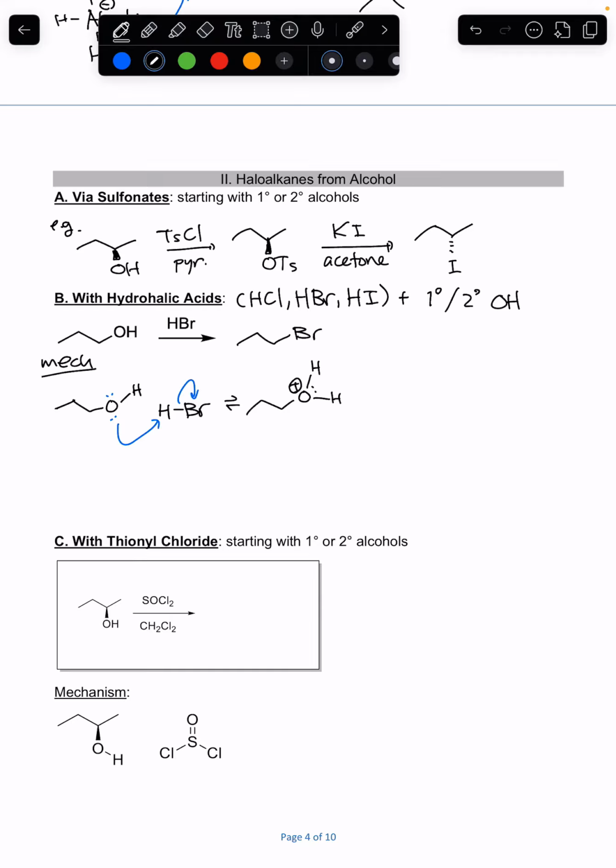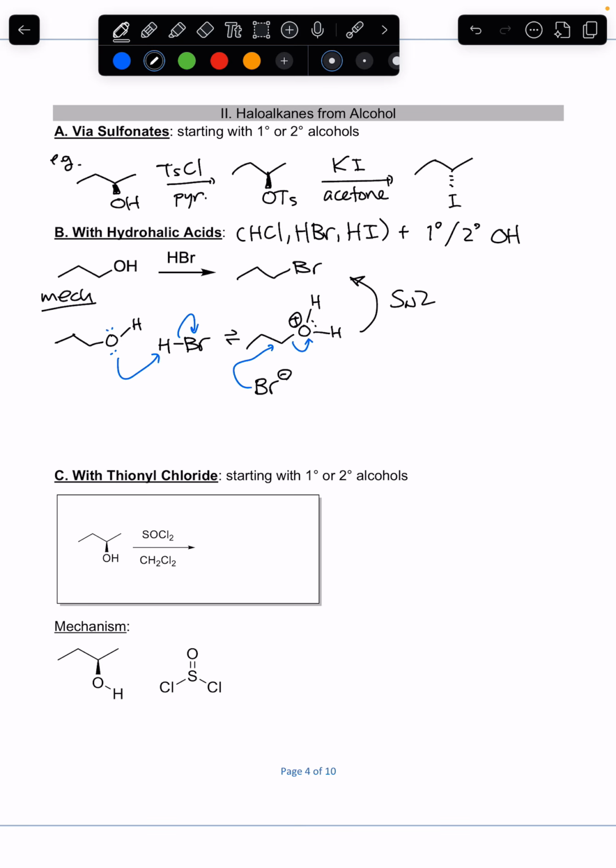Which would make that oxygen a good leaving group. And then you have a bromide left over, right, which is a good nucleophile. So it could do SN2, like this. Right, and then I think we talked about an example like this back in chapter 6, I believe. So hopefully this is just a review for you.